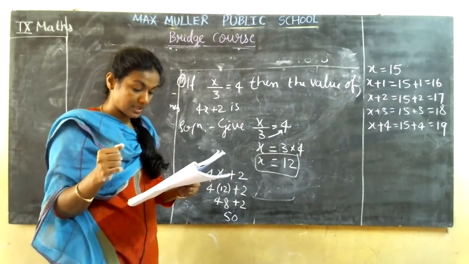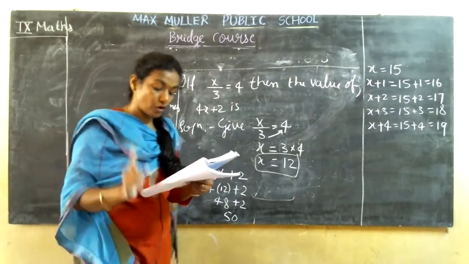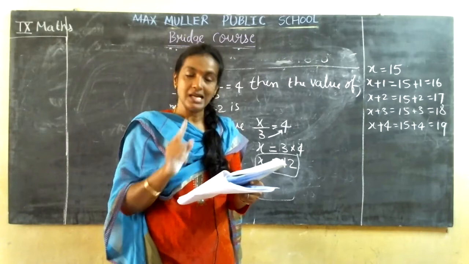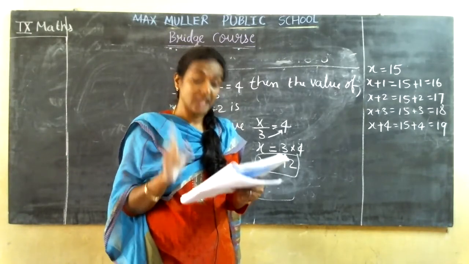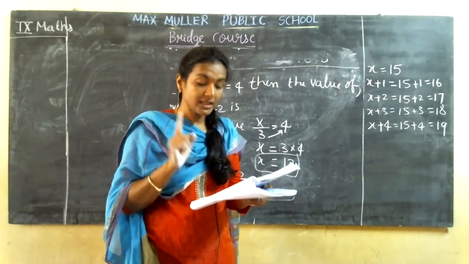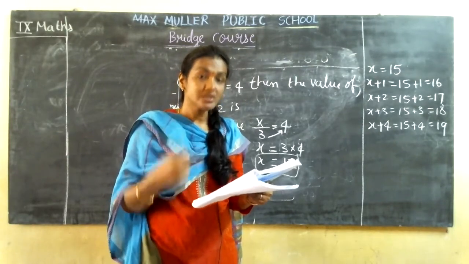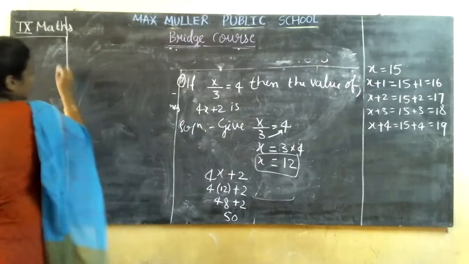Another one we will take. Write the following statement in the form of an equation. Taking away 10 from x gives 20.